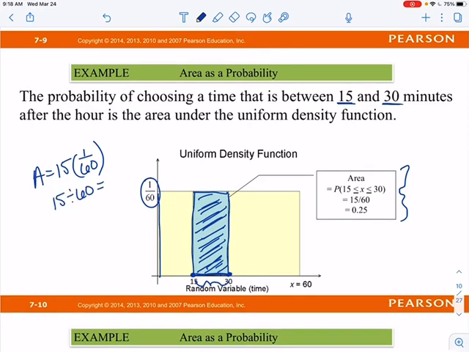When you do that, you get 0.25, which means the area of that blue rectangle is 0.25. If the area is 0.25, that also means your probability is 0.25. So there's a 25% chance that your package is getting delivered in that time frame, which makes sense because 15 minutes represents a quarter of an hour. And there's your quarter of an hour right there.